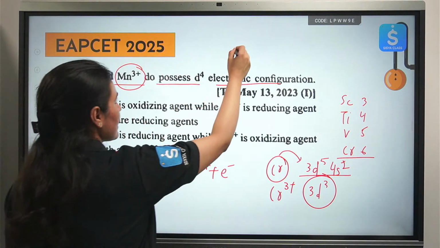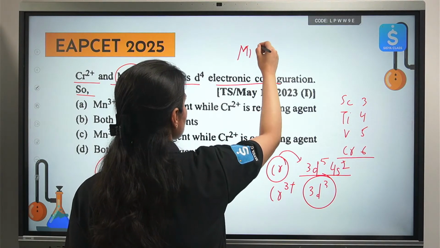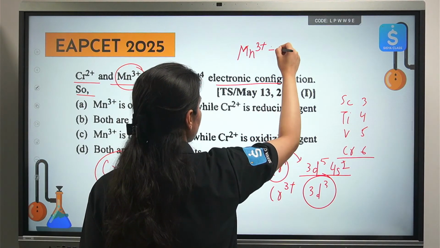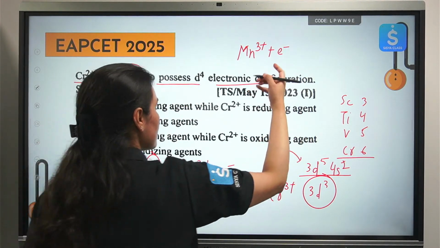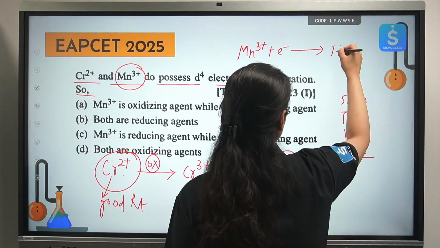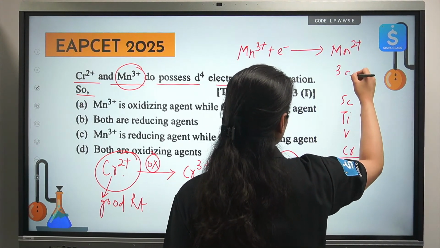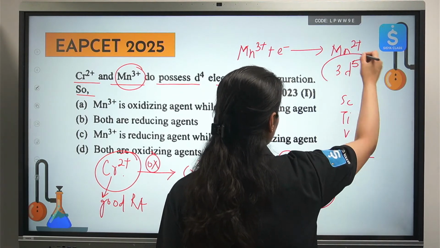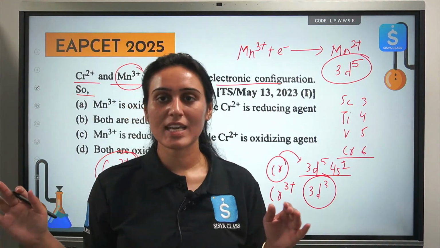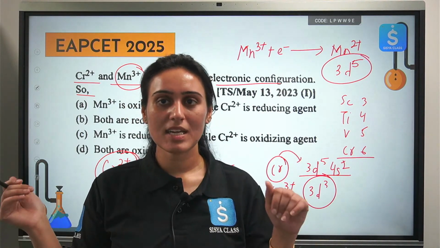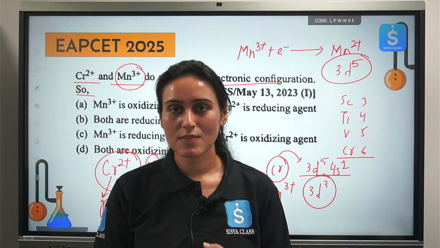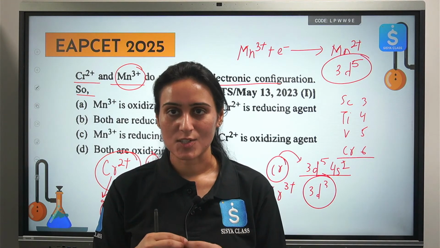For manganese, the 2+ oxidation state is much more stable. So manganese undergoes reduction to form Mn2+. Why is Mn2+ so stable? Because of half-filled d orbital configuration, 3d5. Half-filled and full-filled configuration has exceptional stability. Why? Because of high exchange energy and low energy.